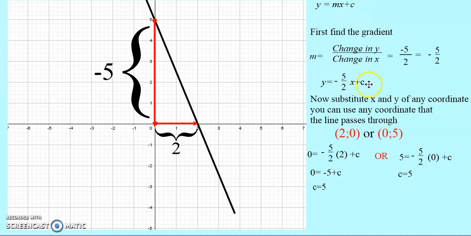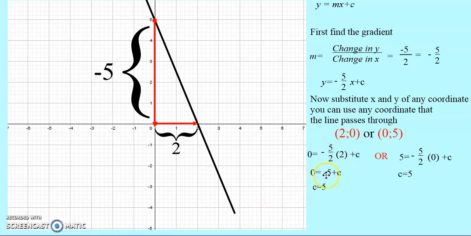If my c value was not given, if my line is not passing through a particular point that I can see on the graph paper, then what I will need to do is take any coordinate that is available on that line.